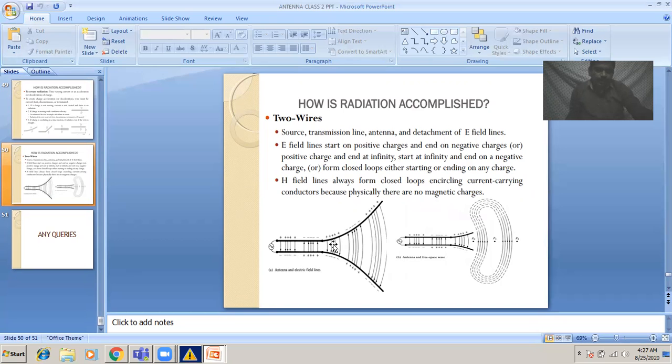If the wire is tapered at the other end, then only it is able to radiate. It is because as long as the wire is straight, the top wire radiation is cancelled by the bottom wire radiation. As the wire is tapered at the other end, automatically there will be net radiation. That net radiation is shown in this figure.